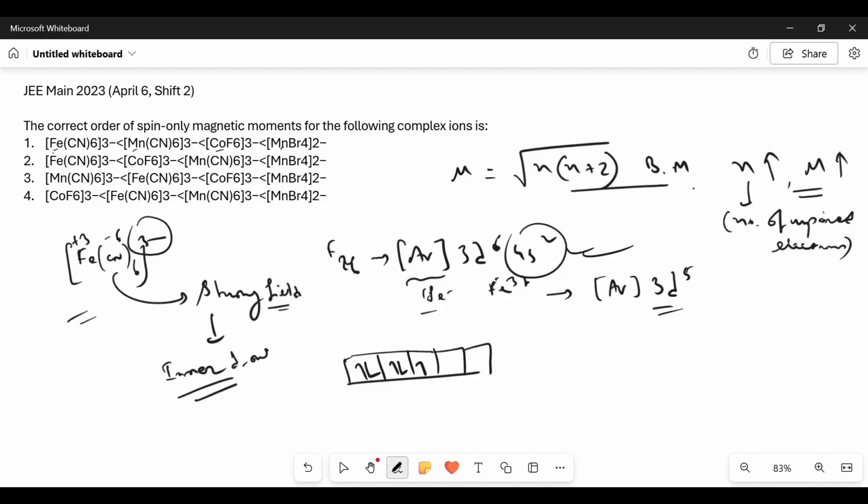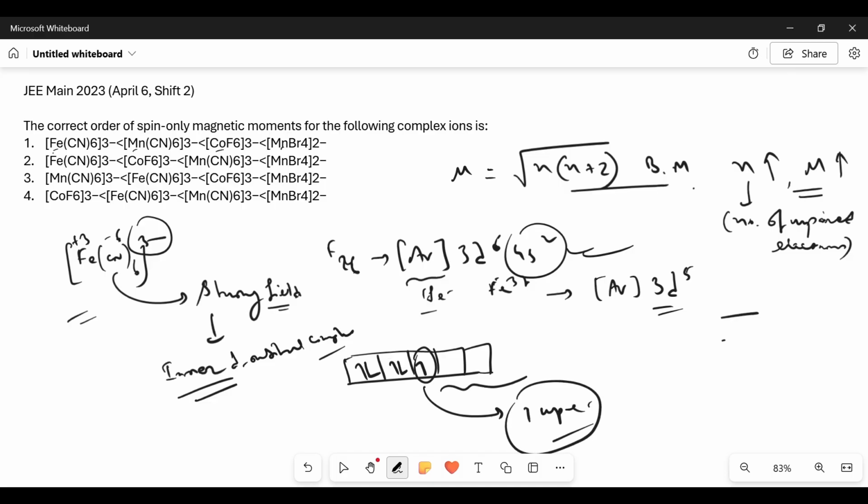Inner d orbital complex means that two d orbitals will be bonded with the CN minus ligand. So there is only one unpaired electron in Fe(CN)6 3 minus, only one unpaired electron in case of VBT.